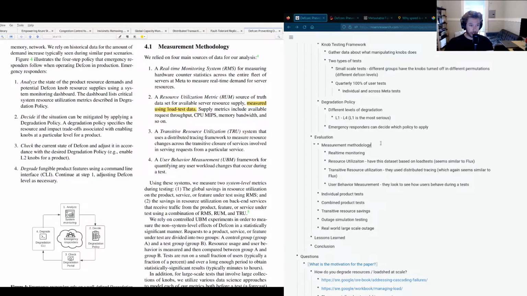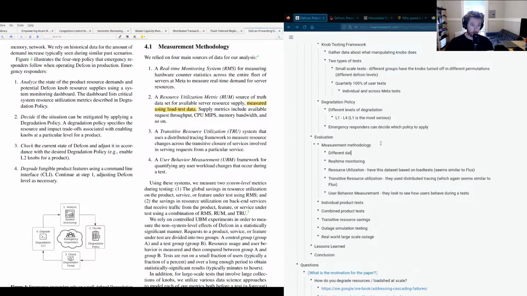Okay, so then they have different data sources, and this looks at apparently what the hardware thinks is happening.